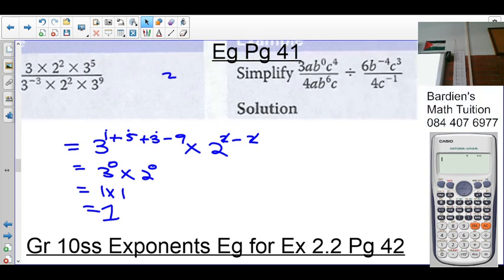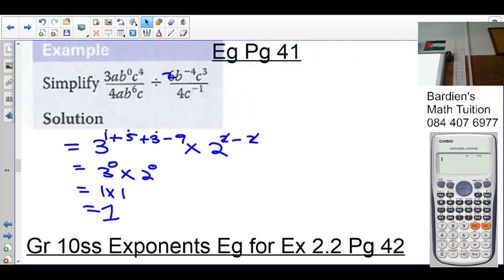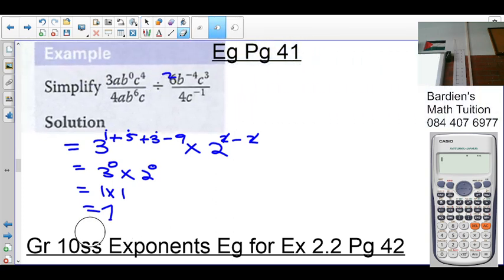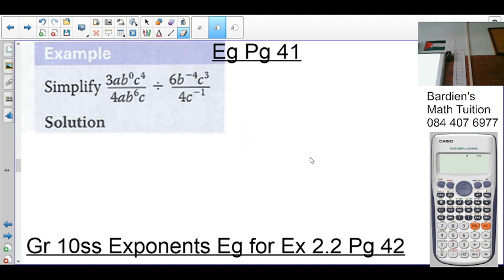Okay, let's look at the next one. Here again we must simplify. We've got 3ab to the 0 c to the 4, divided by 4ab to the 6 c, divided by 6b to the negative 4 c cubed, over 4c to the negative 1.